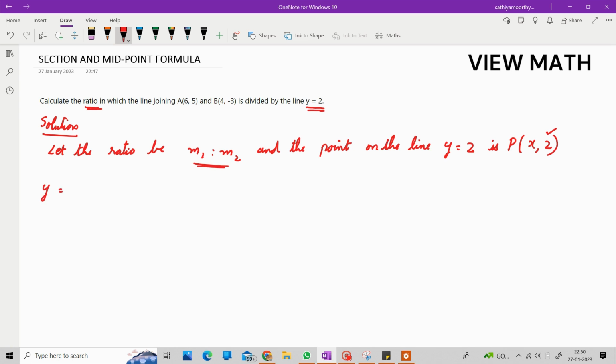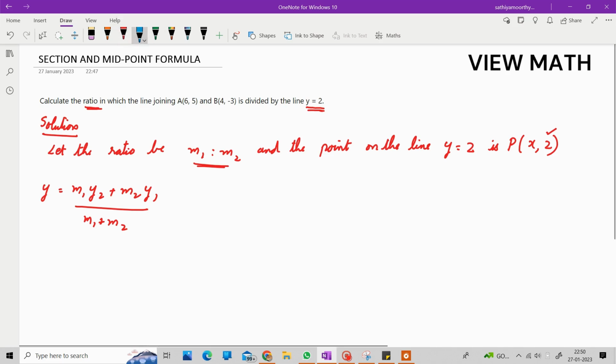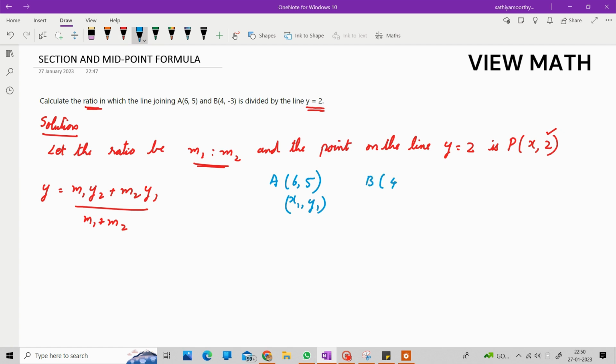So y is equal to (m1 y2 plus m2 y1) by (m1 plus m2). Let me substitute it here. A is 6 comma 5, this is my x1 comma y1. B is 4 comma minus 3, this is my x2 comma y2.